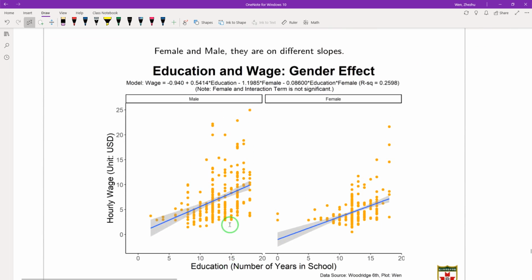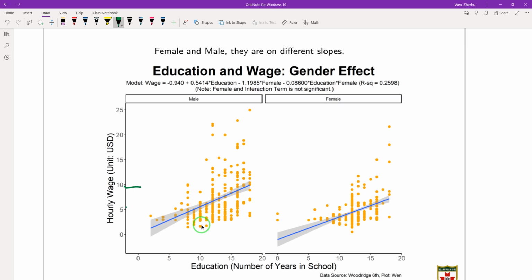Here, it does look like we actually have a different slope for the female and male. So what does it mean by they have different slope? I'm telling you, men will make more money given the same level of education than female have. That is what it is when I say they have a different slope.